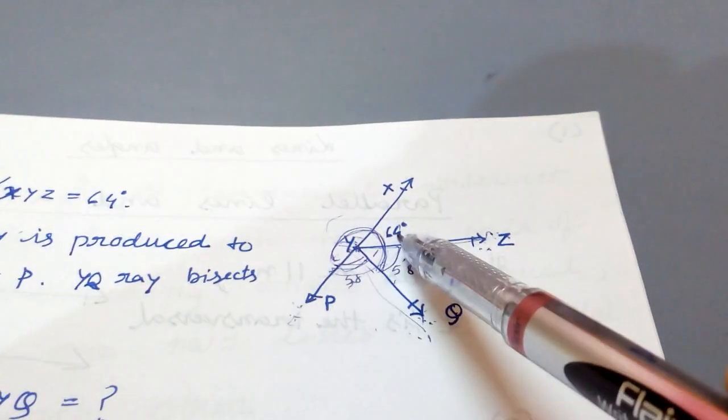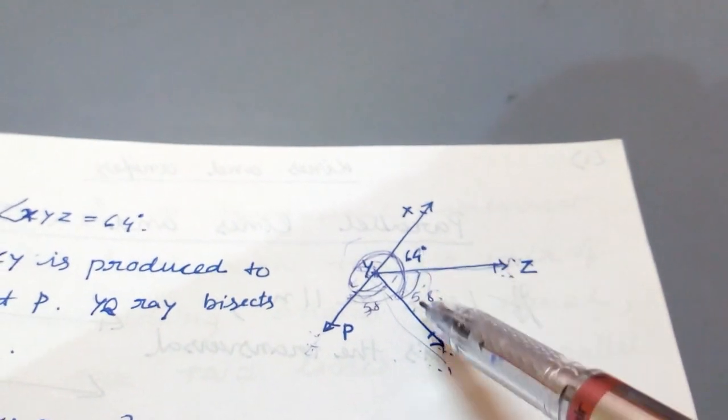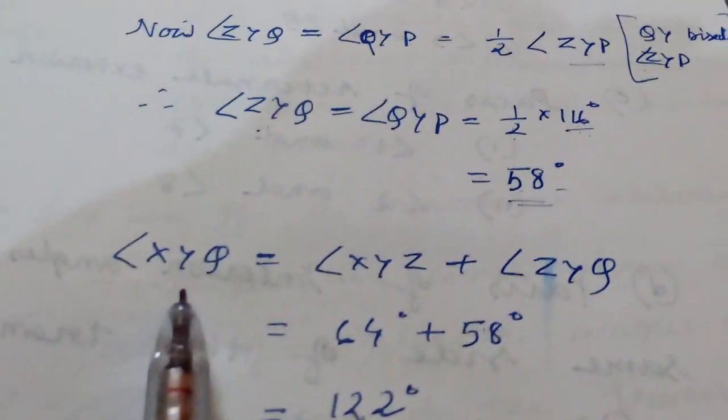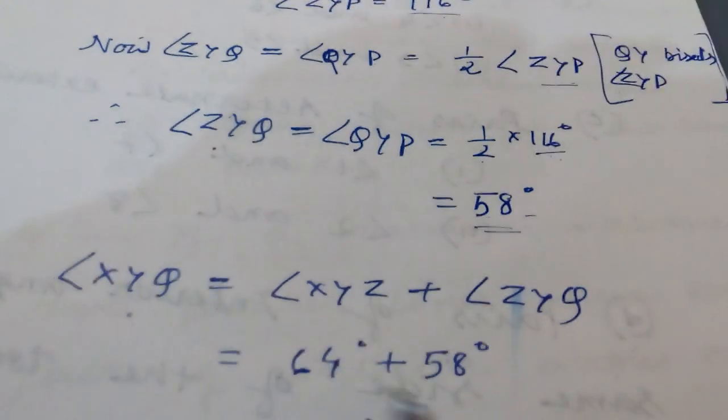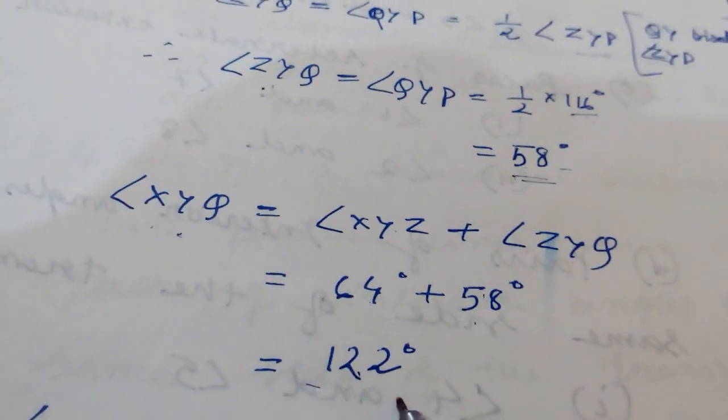XYZ is equal to 64 and ZYQ is equal to 58. 64 degree plus 58 degree, we add this and get 122.